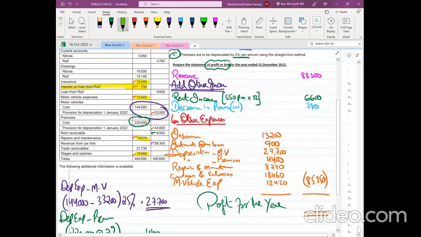So the final answer for profit is 98,933. So we got the final answer, which is the profit for the year. The next requirement will be residual profit, for which I am going to share additional information. Any questions on this requirement, please ask.